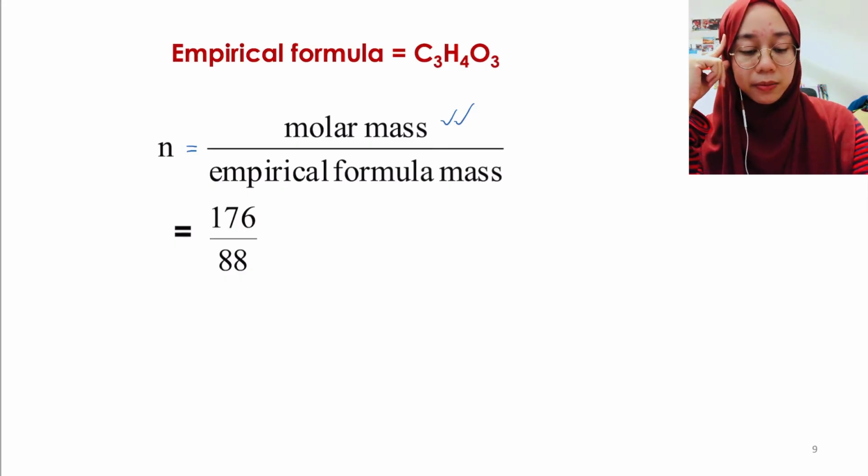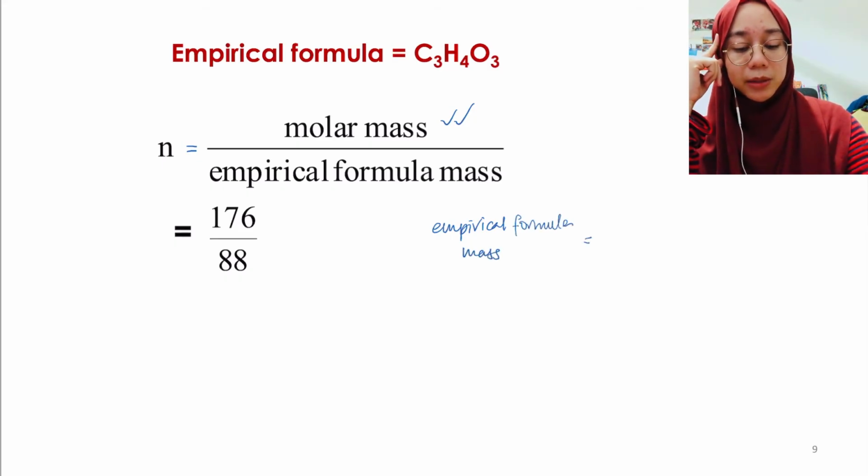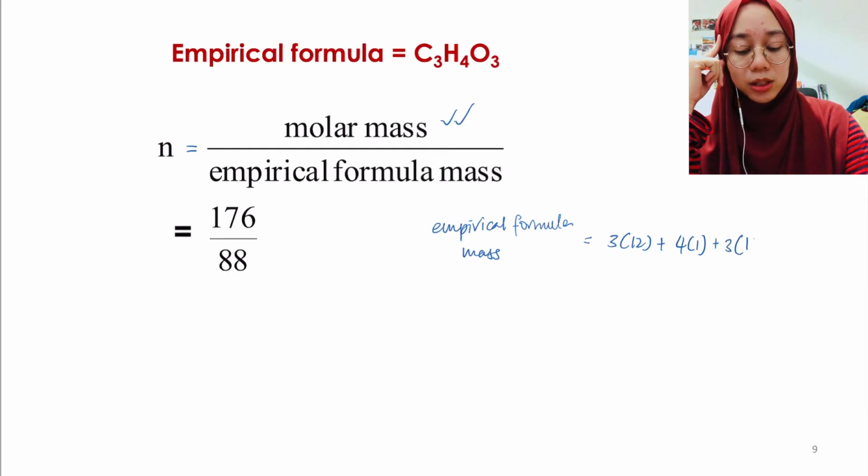So yang ni empirical, kalau kamu nak buat dekat bahagian 88 ni pun, sebelum kamu jadikan di 88 pun okey je juga. Kiranya macam 176 divide by empirical formula mass adalah bersamaan dengan 3 darab 12, which is the carbon, tambah dengan 4 darab 1. 1 tu hydrogen punya mass, and then 3 darab oxygen punya mass.